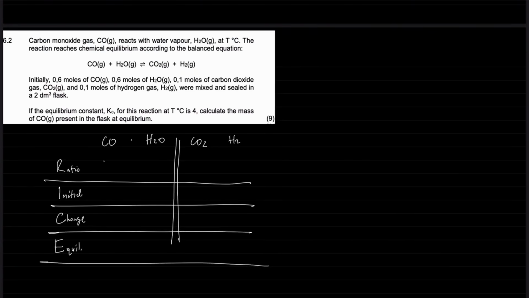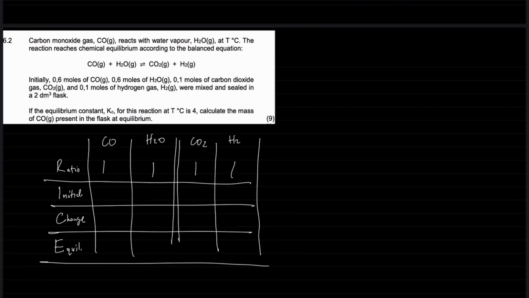Now when we talk about ratio, we are talking about the coefficients of these compounds. Now in the balanced reaction they give us, you can see that it's all 1 to 1 to 1. So simple here, the ratio is 1 to 1 to 1 to 1. Now initial represents how much was added at the beginning.